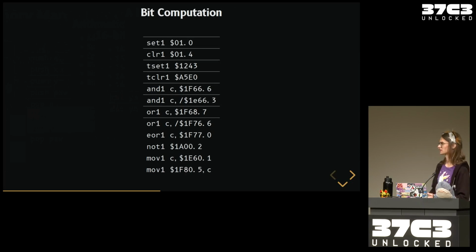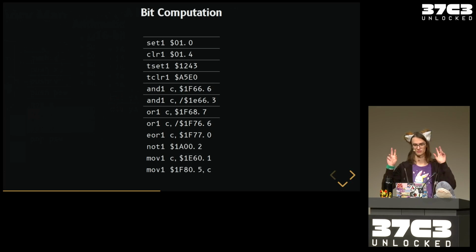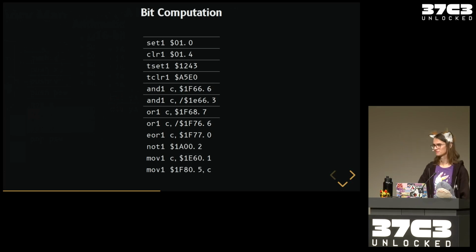Now, for bit computation, there is a whole host of support. You can set and clear a specific bit in the direct page, and the notation here is that the dot and then the number afterwards signifies the bit within the memory address. There's also test and set and test and clear instructions, which perform the exact operation as you would think given their atomic primitive names, except it doesn't really make sense for atomic operations since you only have one processor.